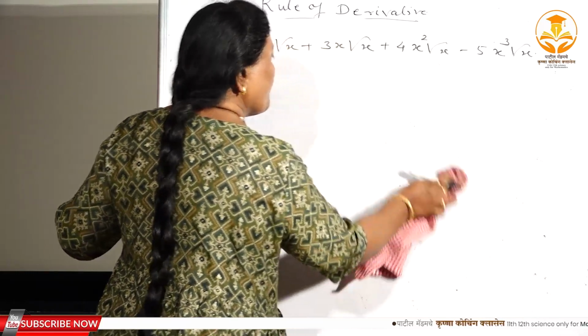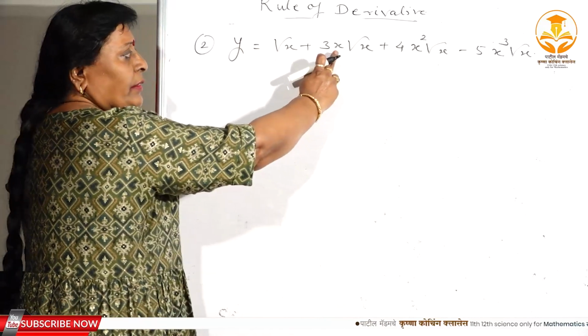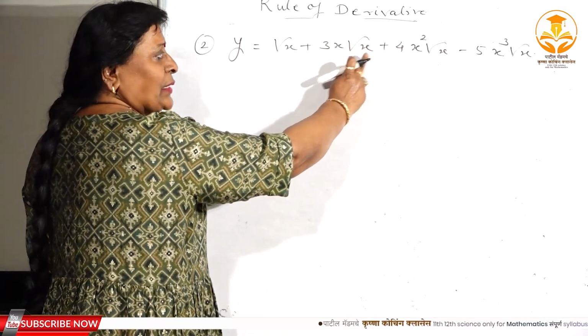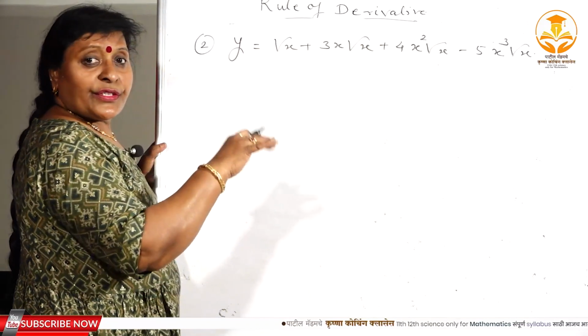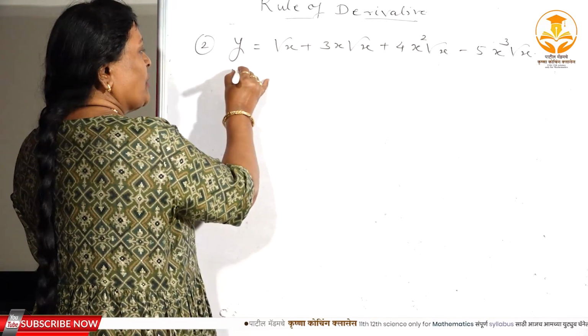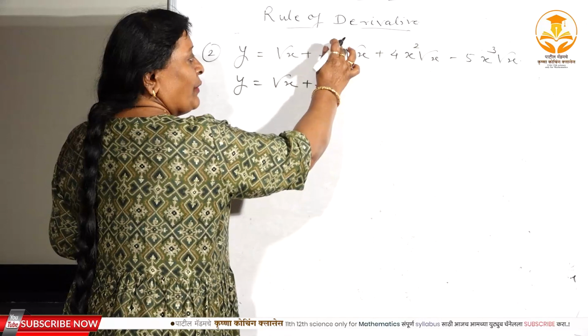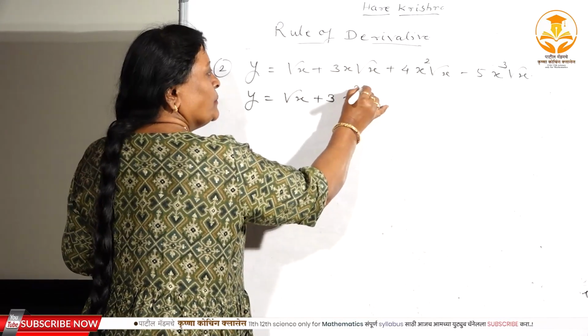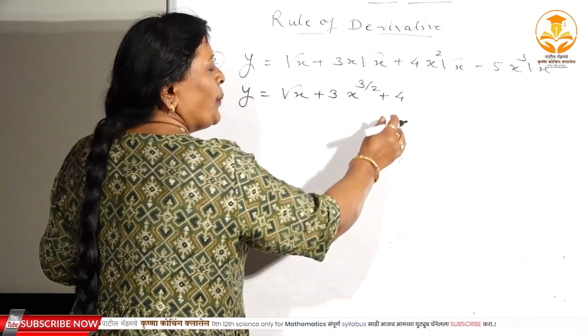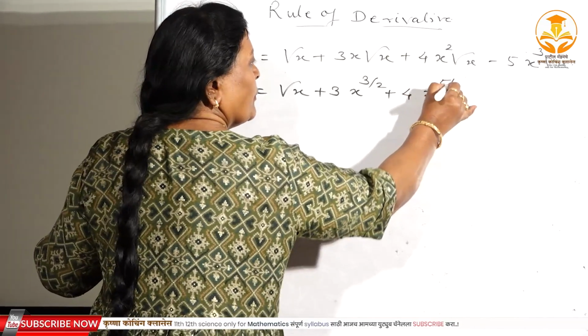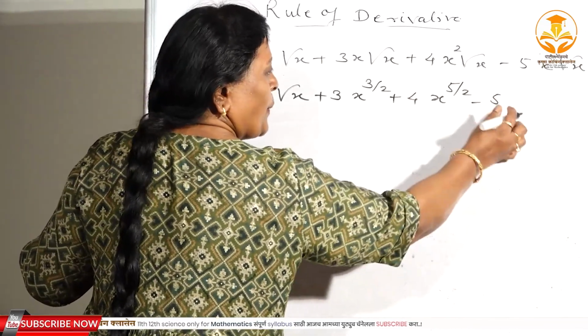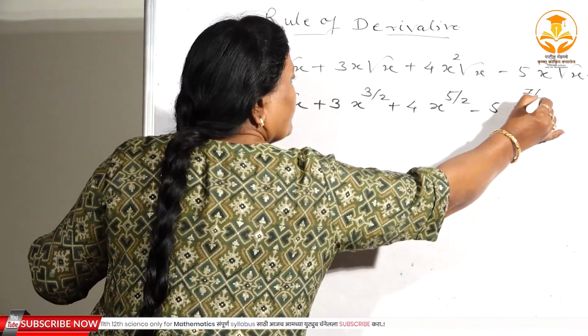Here you have to be very careful whenever a term like this appears, x into root x, x square into root x. First you have to simplify that function. This is root x, this is x: 1 plus 1/2 is 3/2, 2 plus 1/2 is 5/2, 3 plus 1/2 is 7/2.